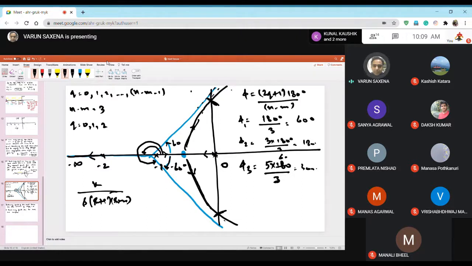So you can clearly see that if you end up in this region, or on this portion of the graph, you have entered the unstable region, because any point on this section of the graph is going to lie on the right hand side of the s-plane. And if the roots of the characteristic equation happen to be on the right hand side of the s-plane, your system is unstable.